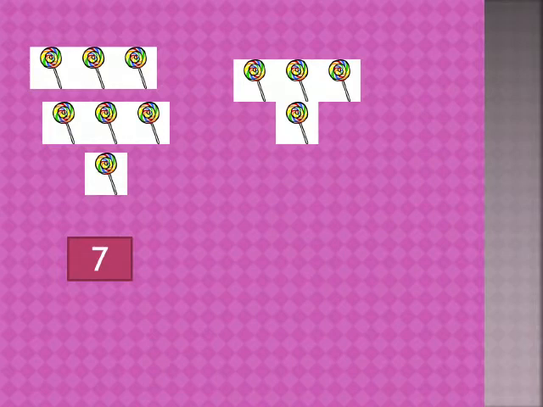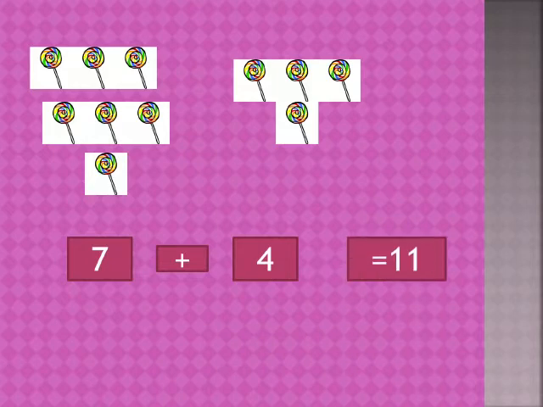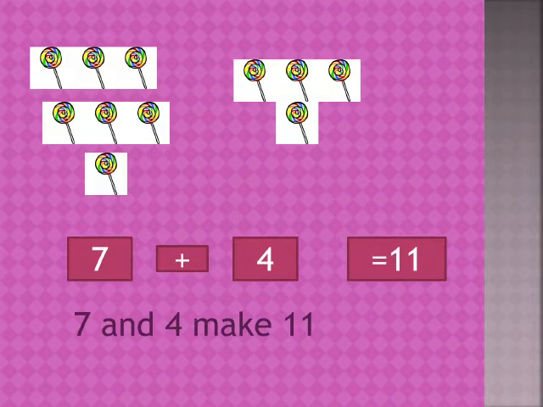Now let us see the number of lollipops in the second group. 4. Okay, now let us count them all together. So 7 plus 4 is equal to how many? Yes, 11. So we say 7 and 4 make 11.